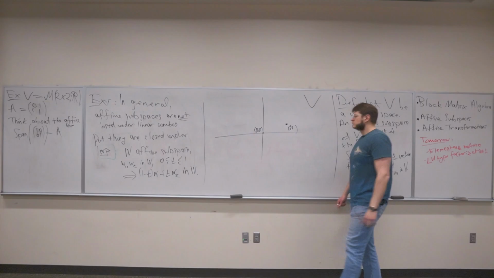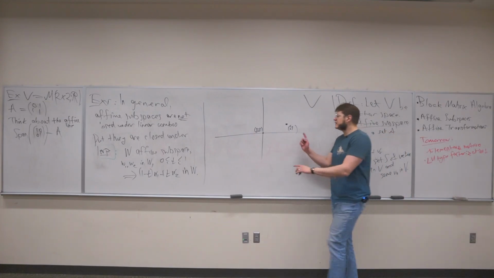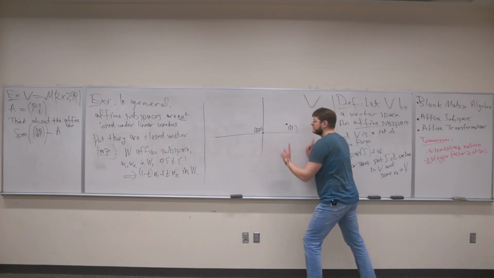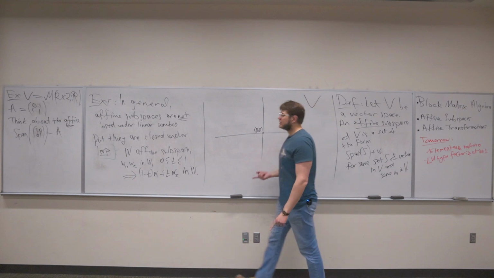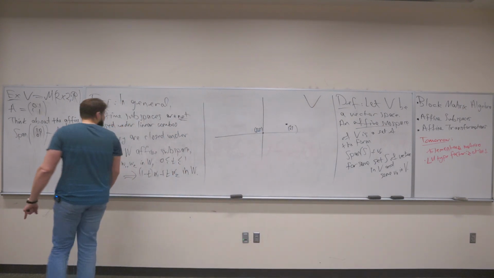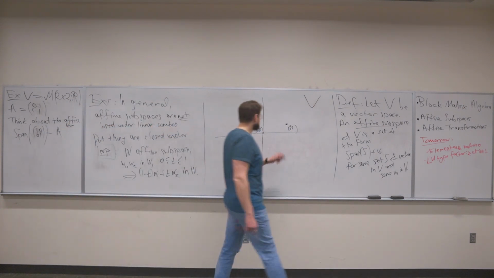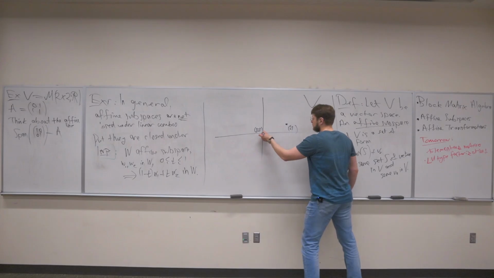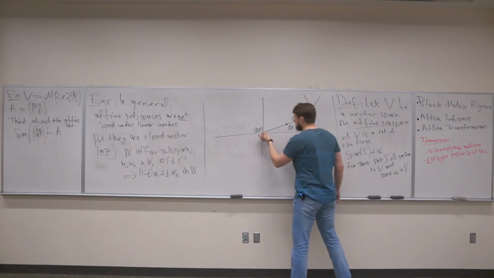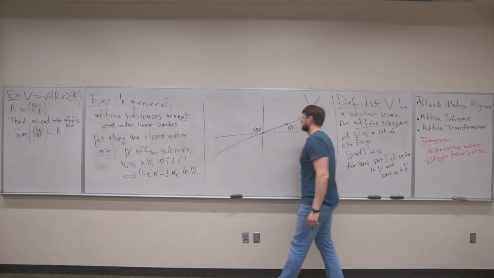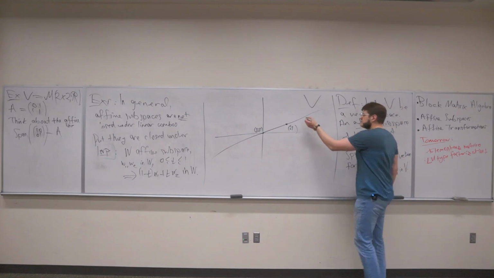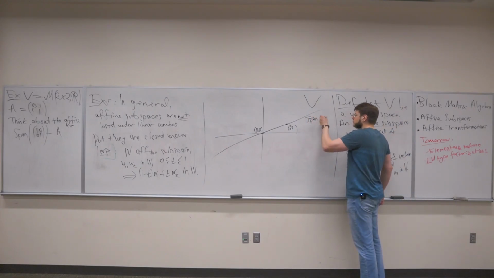Okay. In this context, I'm thinking of this 1, 0, 0, 1 as a vector in and of itself. When I look at the span of it, I'm going to get the line passing through the origin and 1, 0, 0, 1. Okay, so this is the span of 1, 0, 0, 1.